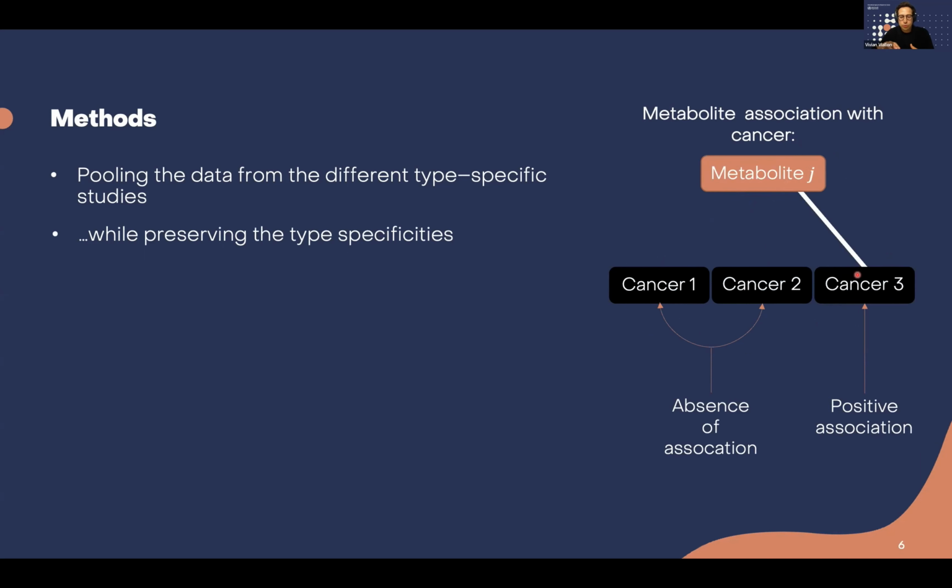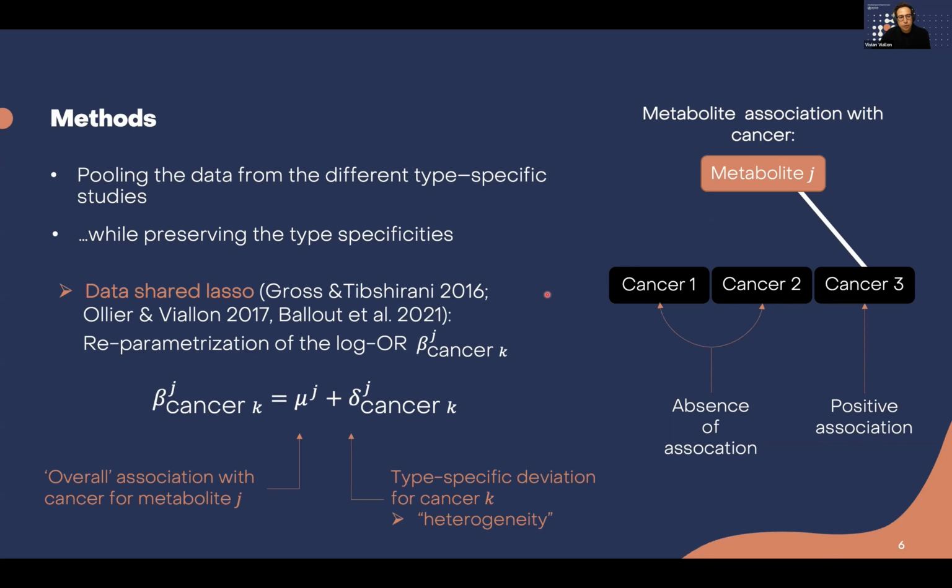So basically, to be in the position to leverage the possible commonalities across the different cancer types while still preserving their type specificities, what we did is that we pooled the data and we applied the idea of what is called the data shared lasso, which is an extension of the well-known lasso that essentially relies on this reparametrization of the log odds ratio that measures the association between metabolite j and cancer type k, and which is written as the sum of two terms here.